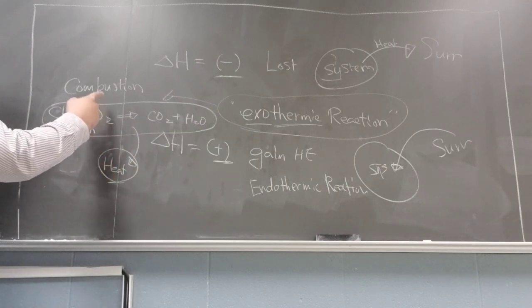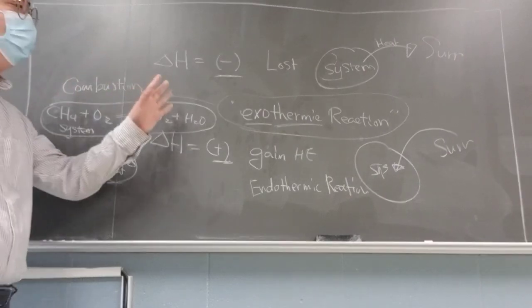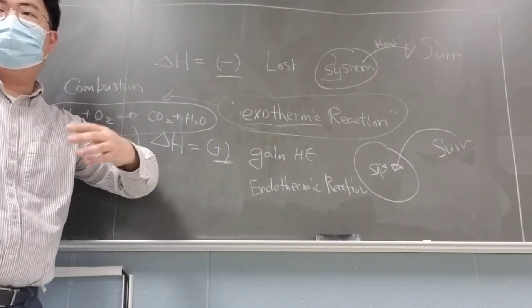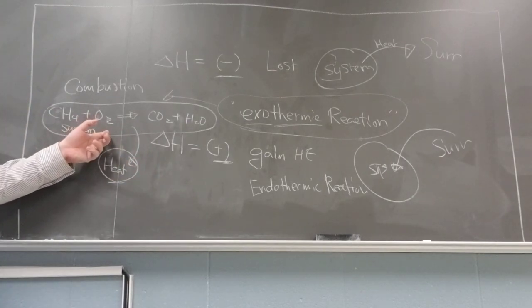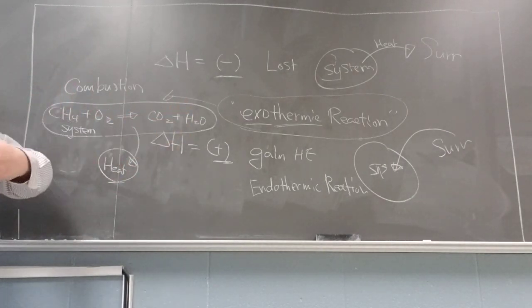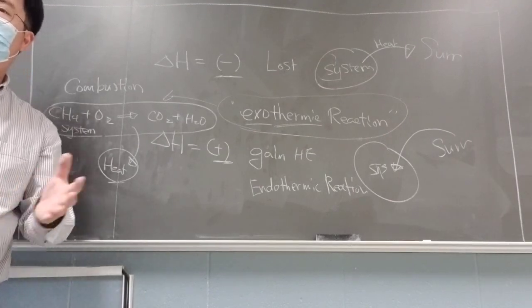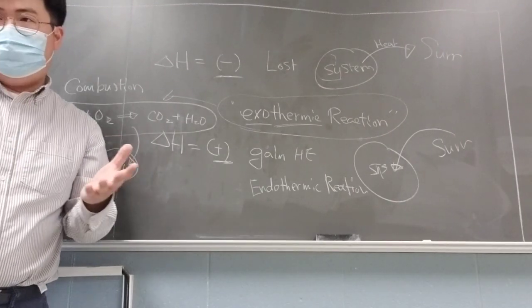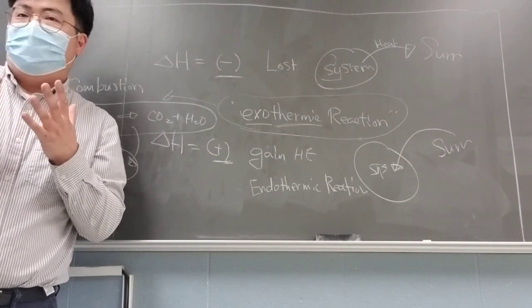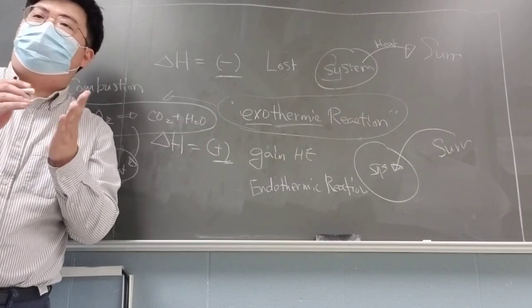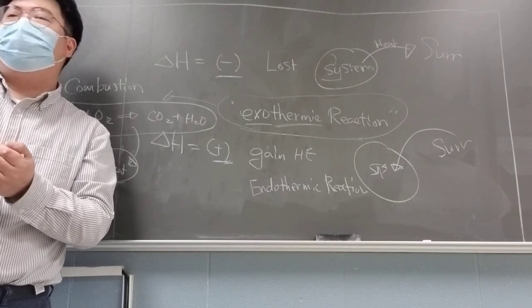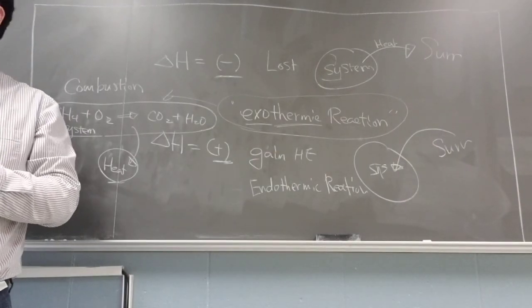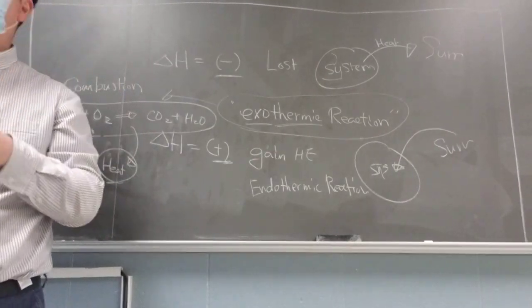So combustion reaction is a really good example of exothermic reactions, because we get lots of heat energy from the chemical reactions, which means our system is giving us lots of heat energy. That's why whenever you have a combustion reaction, you feel hot, meaning you're actually getting heat energy from the system. That's why you feel hot, because it's heat energy. Okay. Makes sense, right?